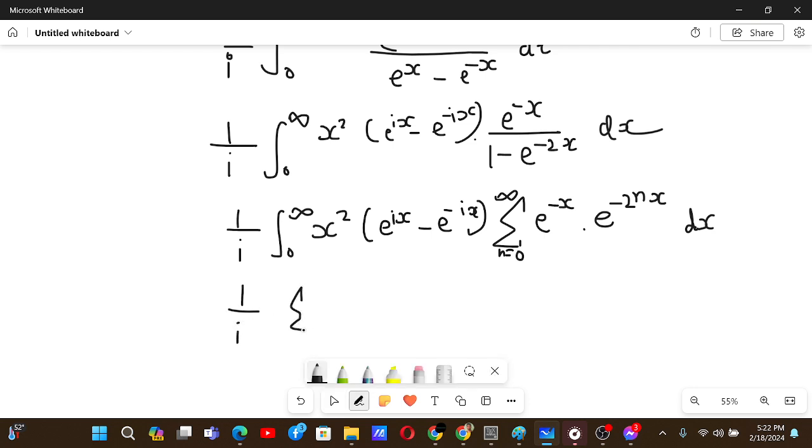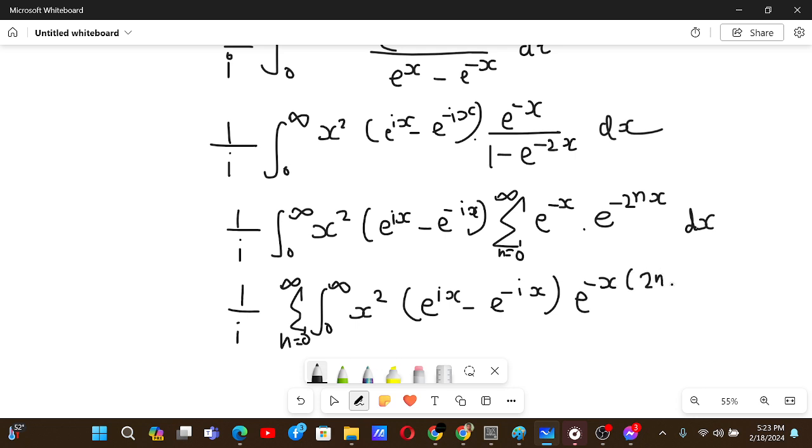So we have sum from n equals 0 to infinity, integral from 0 to infinity x square. Let me do one more step. So this is basically e to the power minus x times 2n plus 1.